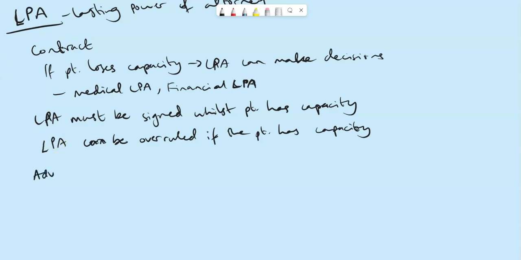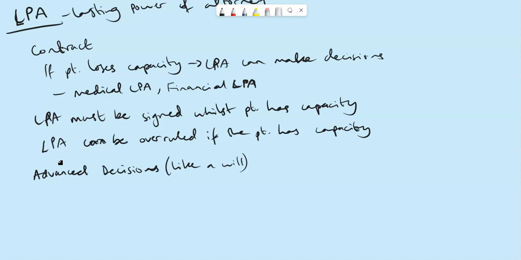There's also advanced decisions. Advanced decisions are basically like a will. It's a plan of what treatment you wouldn't want should you lose capacity in the future. Obviously you can't consent to treatment in the future, because consent is time and place specific.